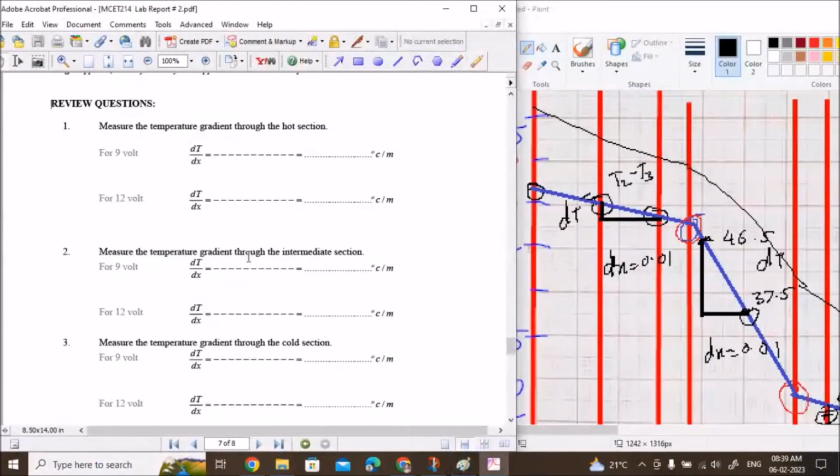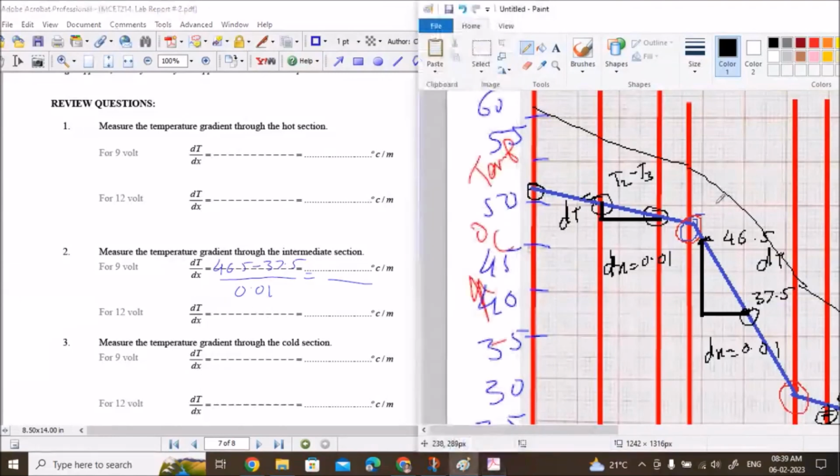So for 9 volt I can write approximately 46.5 minus 37.5 divided by dx is 0.01. So I will get the answer here. Similarly for 12 volt here I can do, and I can find this.